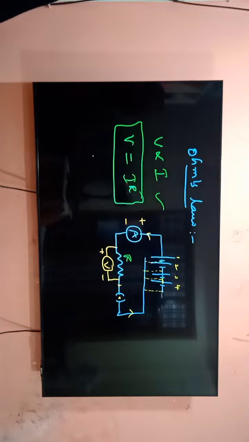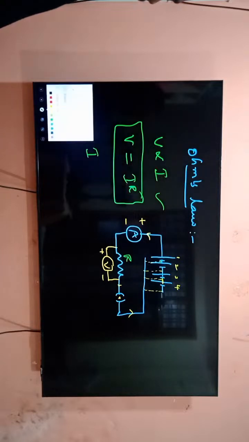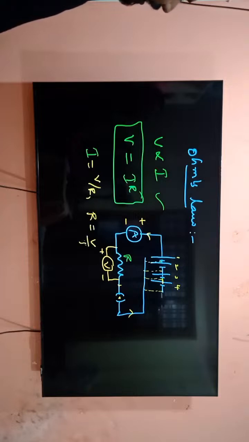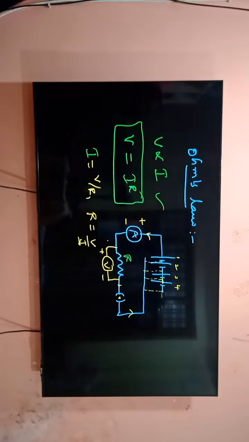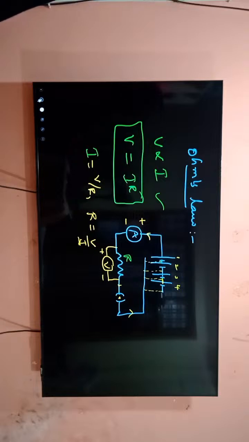So from this we can take I equal to V by R, or R equal to V by I. So likewise we can consider. This activity is very very important. So in the next class I will explain the activity, series and parallel, everything, and we will do some problems also based on it.